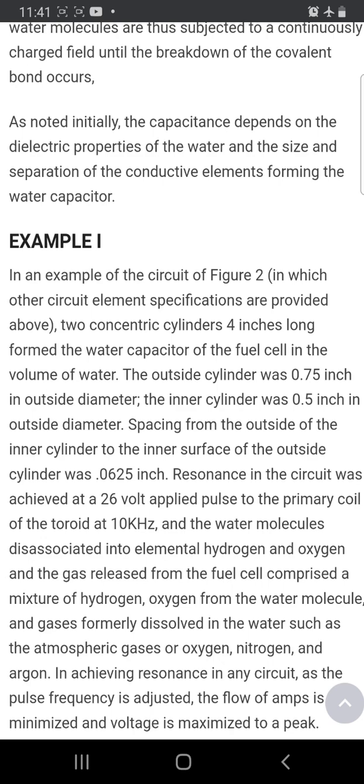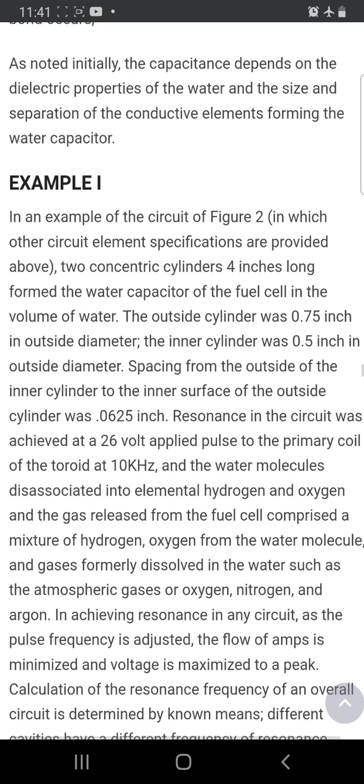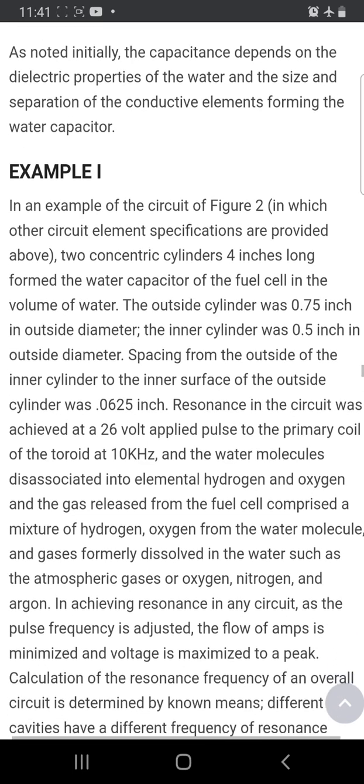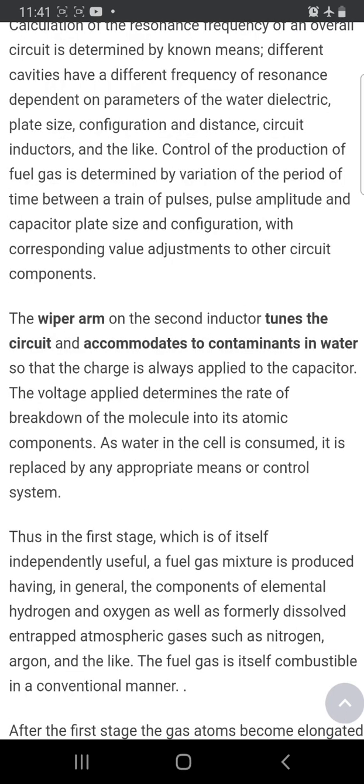Okay, and as has been mentioned before, well, here's Stan saying it, yes, the capacitance depends on the size of the tubes and the water. Here we talk about the wiper arm on the second inductor, which tunes the circuit and accommodates to contaminants in the water.